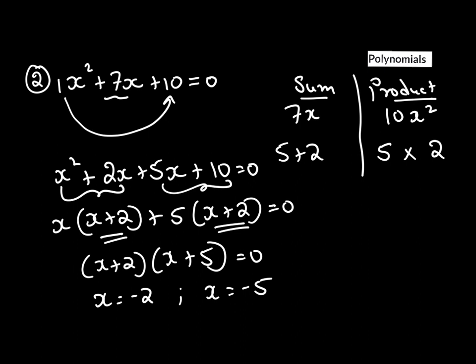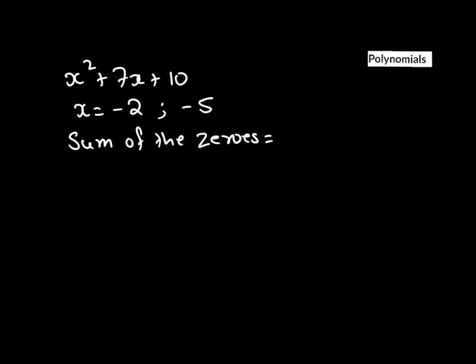Now let's find out what are the sum of these zeros and what is the product of these zeros and how they are related to the coefficients. Let us see the sum of the zeros, negative 2 plus negative 5, and that's going to be equal to negative 7.